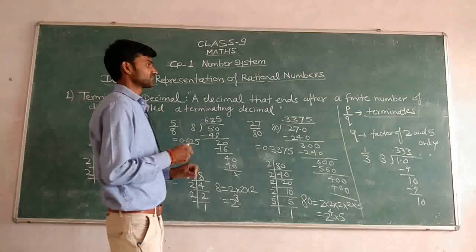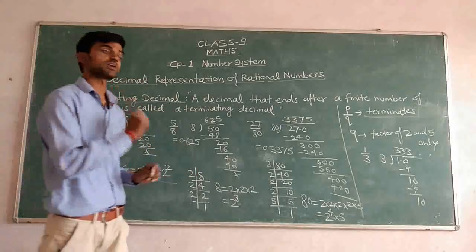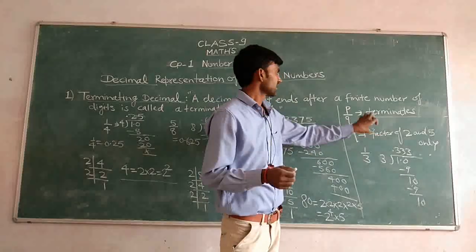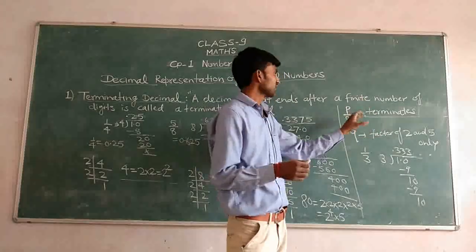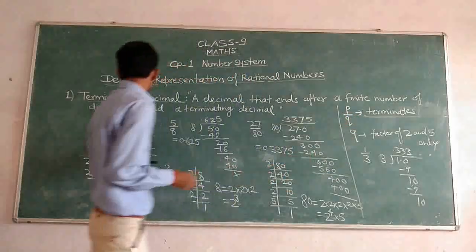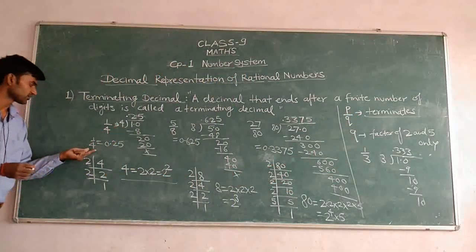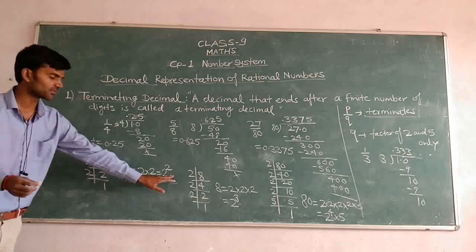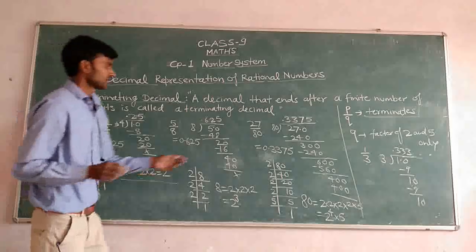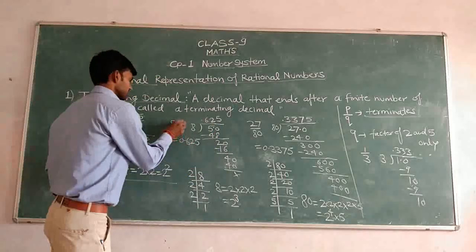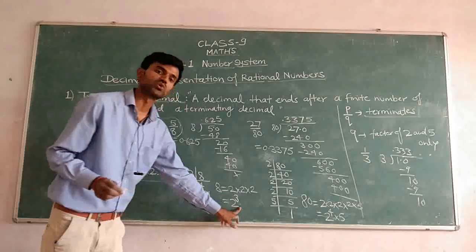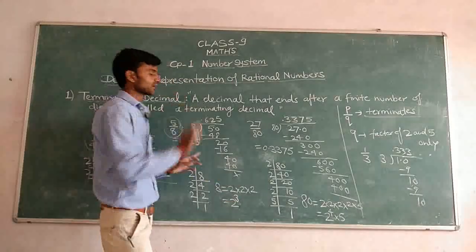The second one: without actually dividing, we can say whether any rational number terminates or not. P by Q. Here, 1 by 4, look at 4, the factor is in the form of only 2, so it will terminate. 5 by 8, the factor of the denominator is in the form of only 2, so it will terminate.